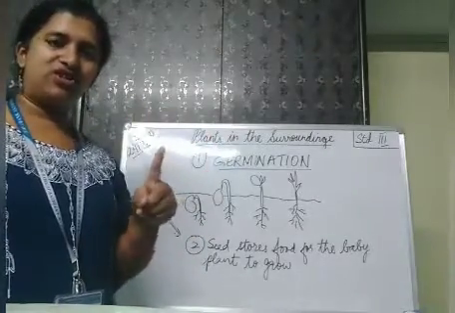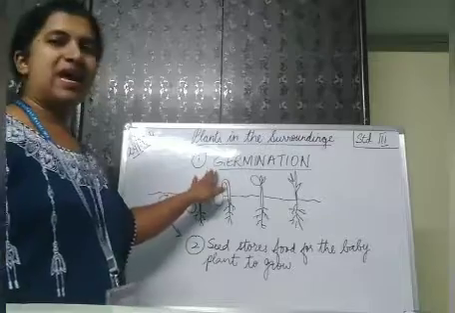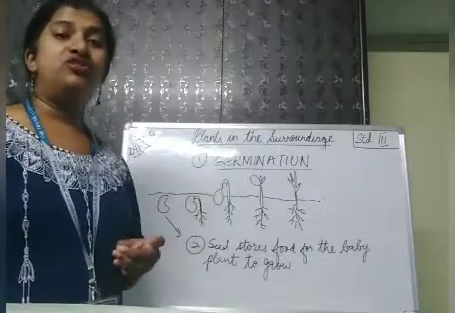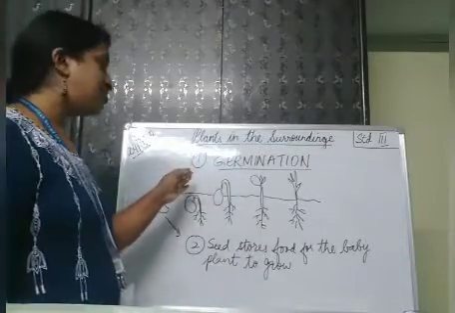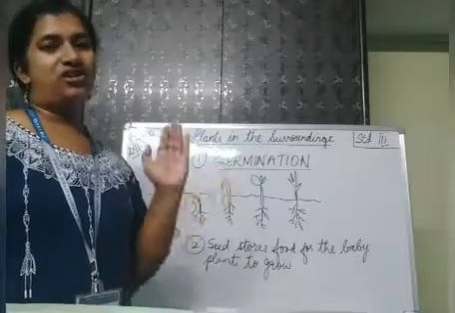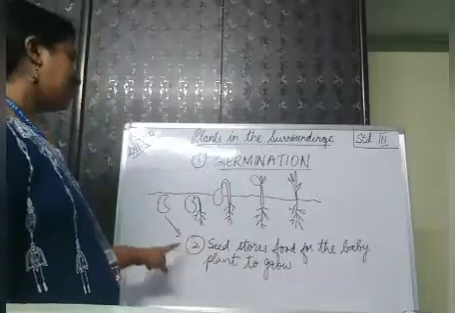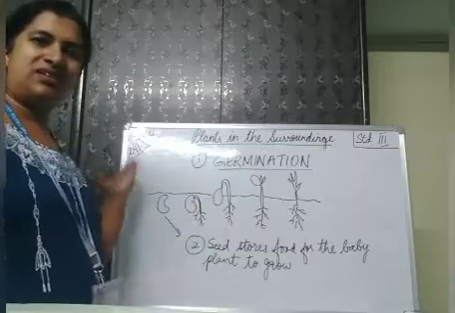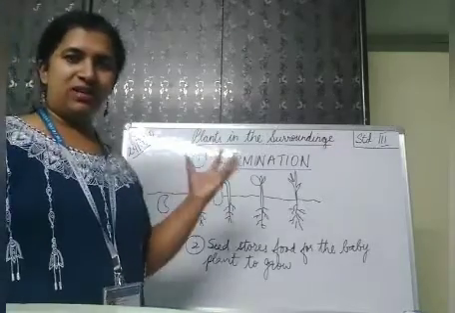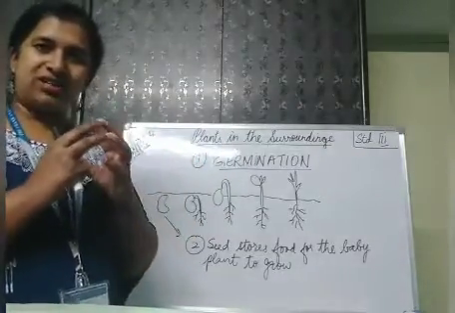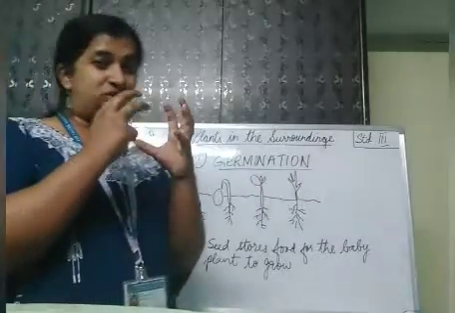The main function of the seed is for the process of germination. And the second function, like we learned in the structure of the seed, is that the seed stores food.